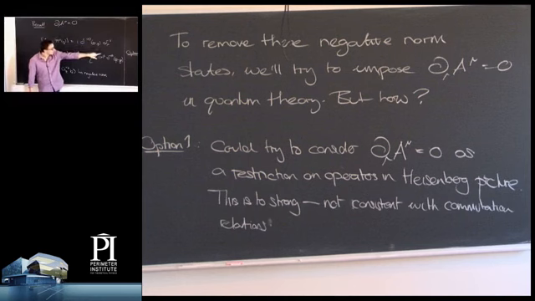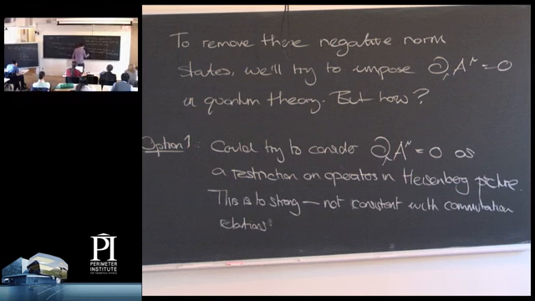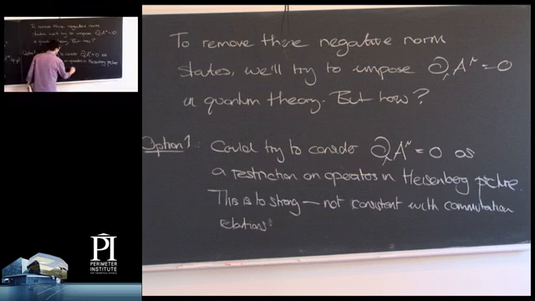So this restriction isn't consistent with the basic starting point of the whole theory, which is the commutation relations. So this isn't something we want to be doing. So this is too strong, and in particular, it's not consistent with the commutation relations.